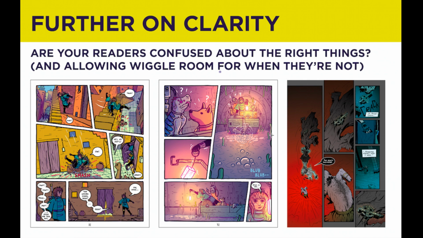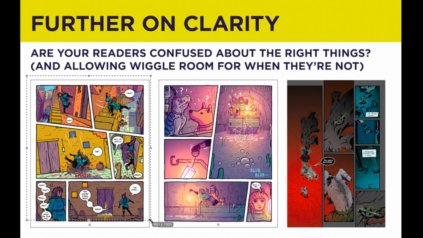But also talking about wiggle room, if you read this out of order, it's fine. You still get what you're supposed to from this sequence, and it's not that big a deal. It doesn't make it overly confusing in a way that is really distracting from the story.